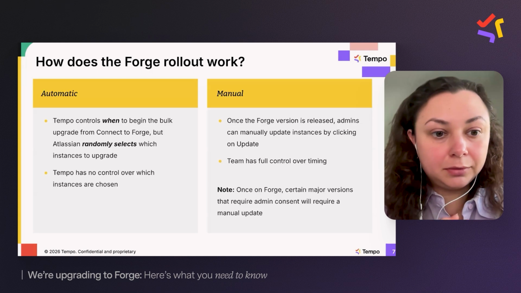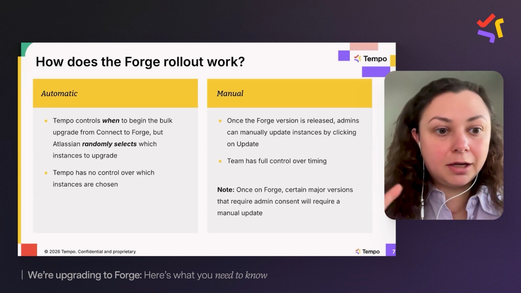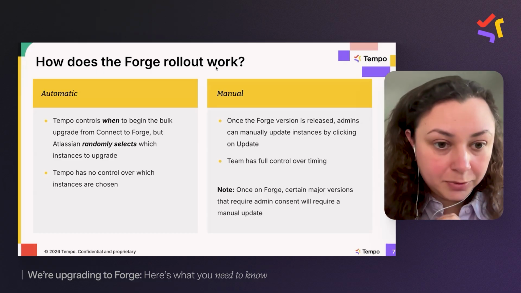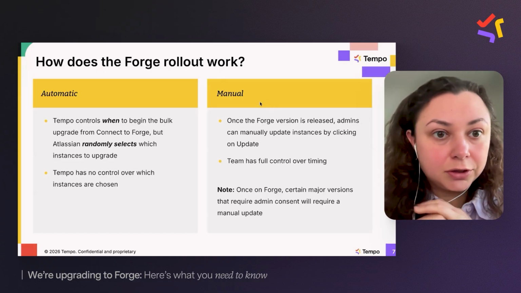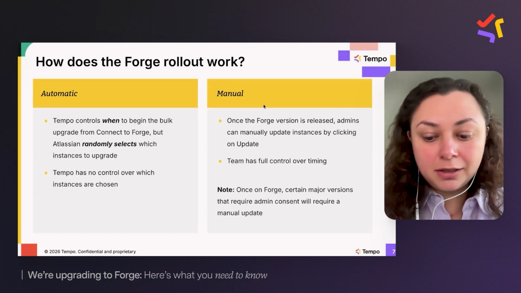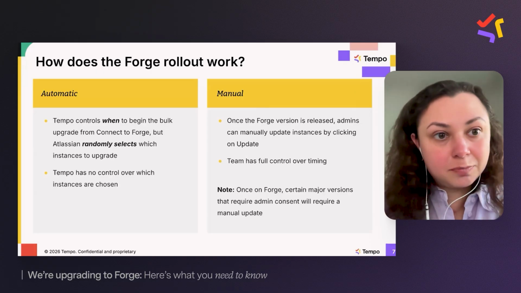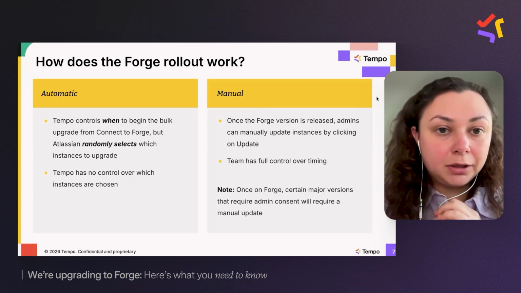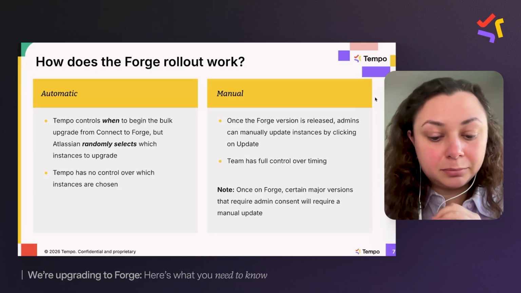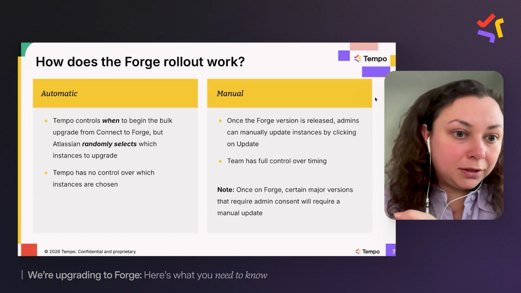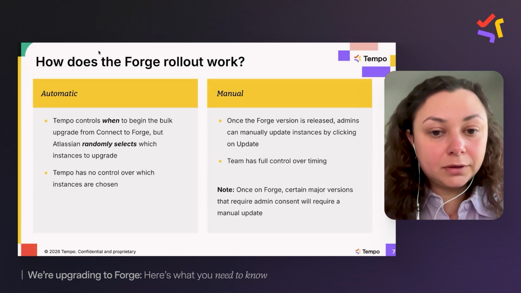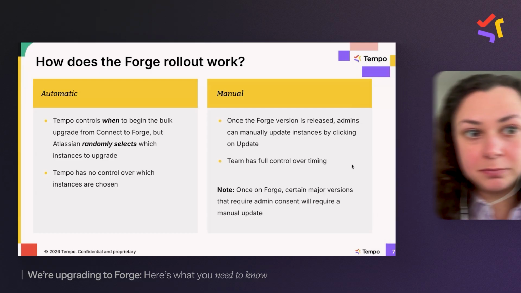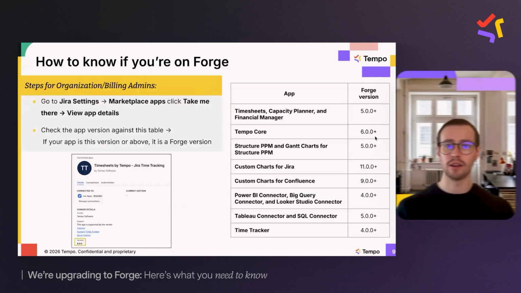But also we will have a bulk upgrade for all our Connect on Forge apps. And as Courtney already mentioned, we do not really have the opportunity to select specific instances and the order of how and when they're going to be upgraded. So it's just going to go one by one automatically. Or you can update it manually like today. Hope it helps. Perfect. Thank you, Julia.